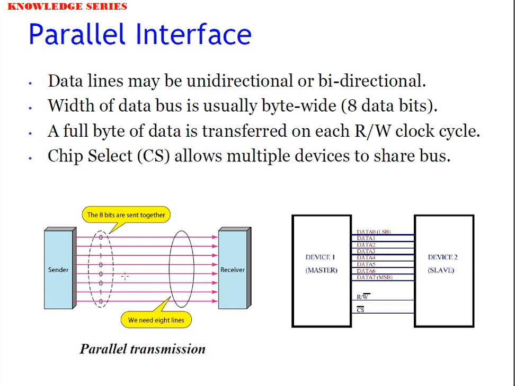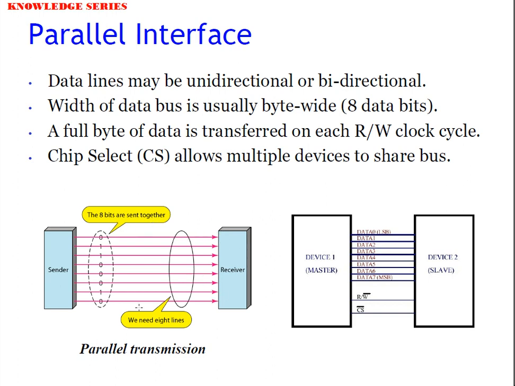In the parallel transmission, you can see that 8 bits are being shown here. These 8 bits are moved in parallel at a time t from sender to receiver. That means at whatever time it transmits, all the bits will equally reach the receiver in the same interval of time.